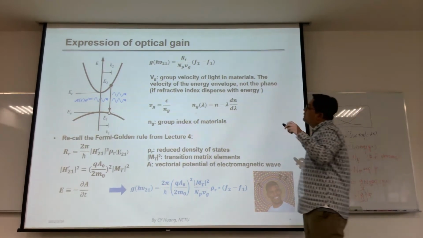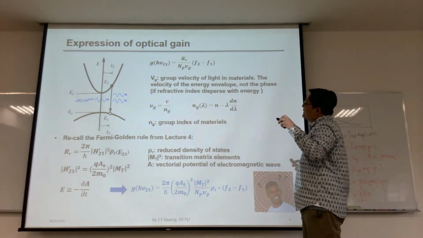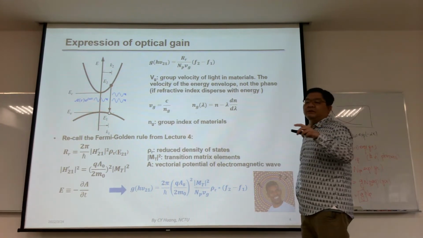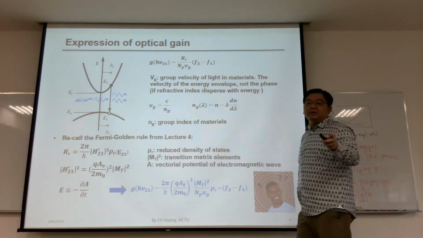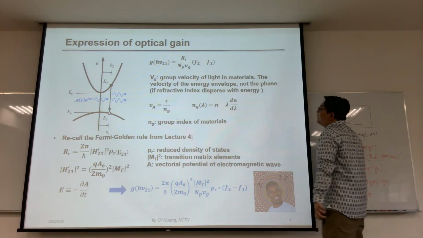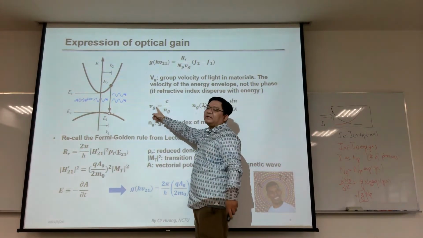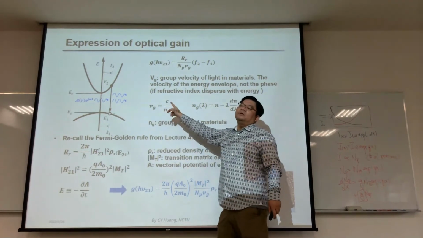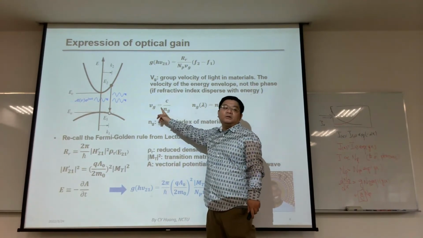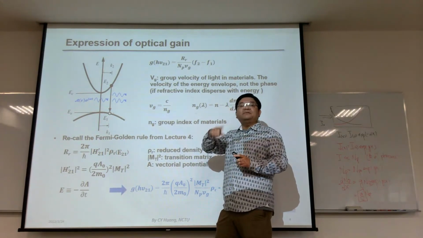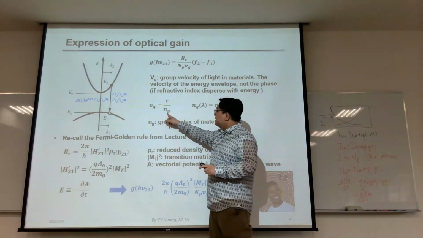So let's dig down and try to simplify, to eliminate all the unknown parameters in the equation. First is the group velocity. The group velocity stands for the propagation of the energy packet, not a specific wave.